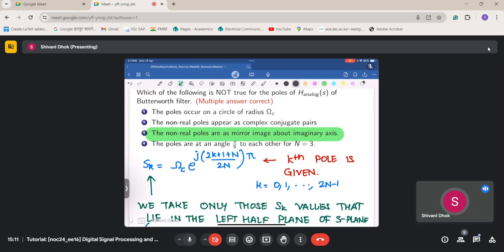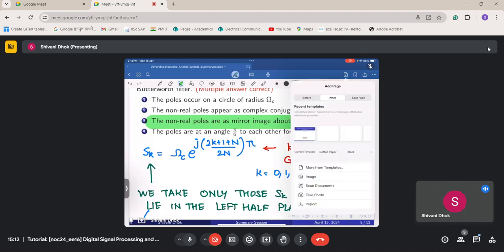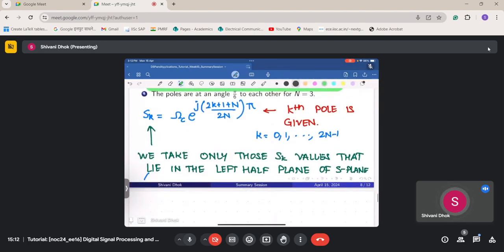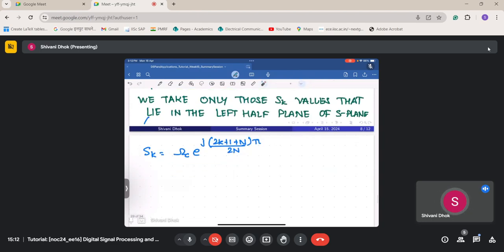Next, let's look at the first option now. The first option says that the poles occur in a circle of radius omega c. Now if you look at this definition of Sk, we have Sk as omega c into e power j (2k plus 1 plus n) pi by 2n. This part here is simply the angular part of the complex exponential.